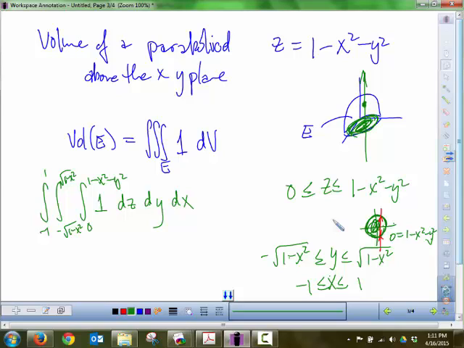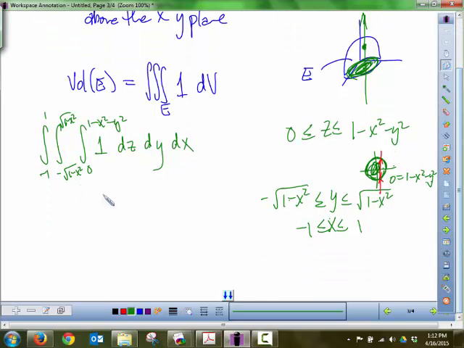We've seen problems where it would have been much easier if we went directly into polar coordinates. So there is a polar coordinates that we can use in 3 dimensions, and it's exactly the same as polar coordinates in 2 dimensions, except in 3 dimensions we want 3 variables. So the x and y become r and theta, and then the z just goes up and down.